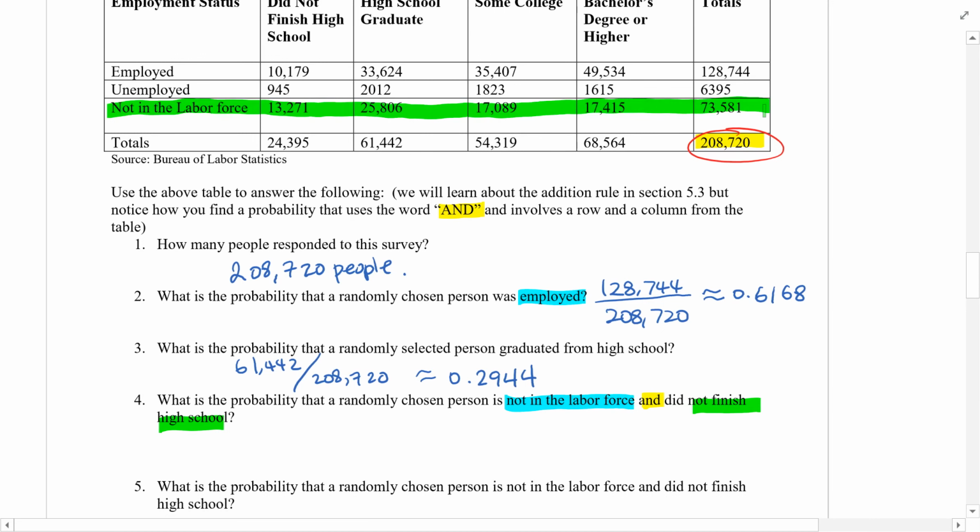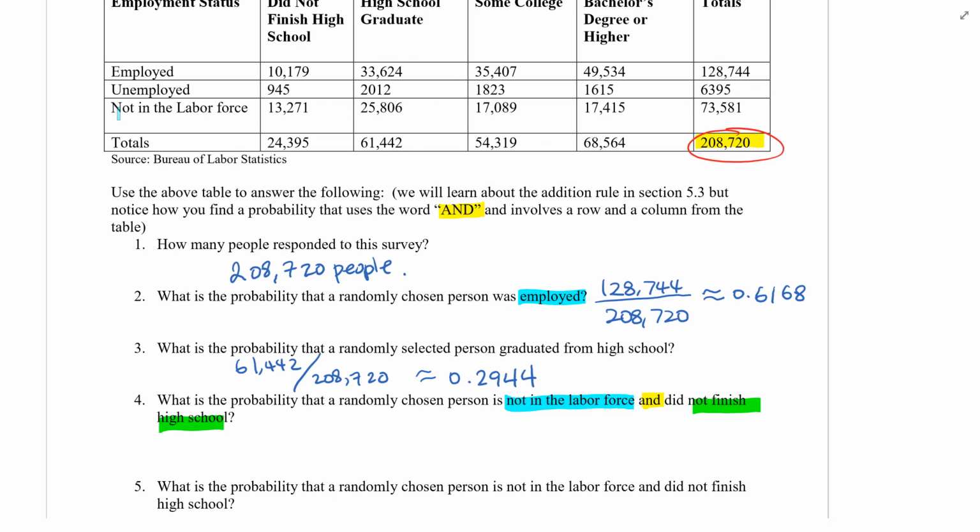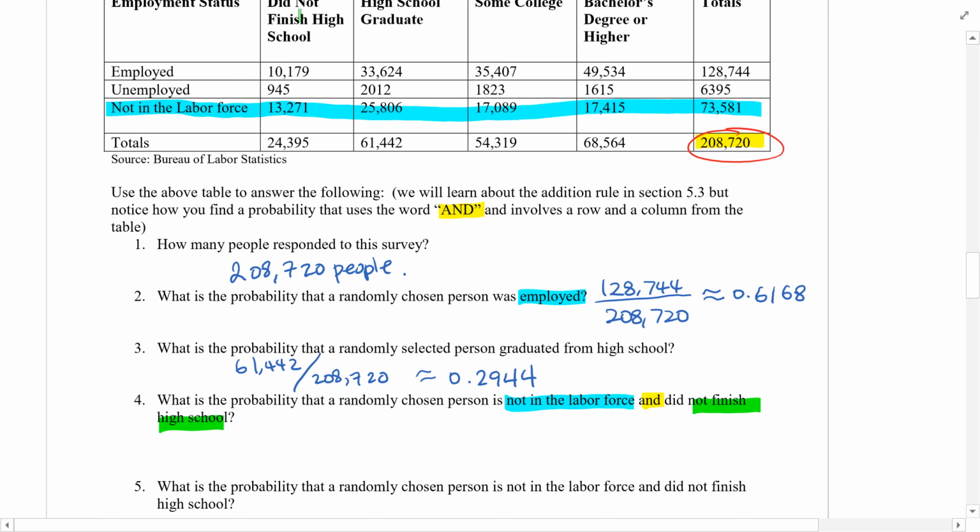Did not finish high school is in the first column. Oh, wrong color. Not in the labor force is the third row, and I'm going to use green for not finishing high school, which is the fourth column. Okay, so notice that the N tells me to look for the intersection, where the overlapping number here is 113,271.